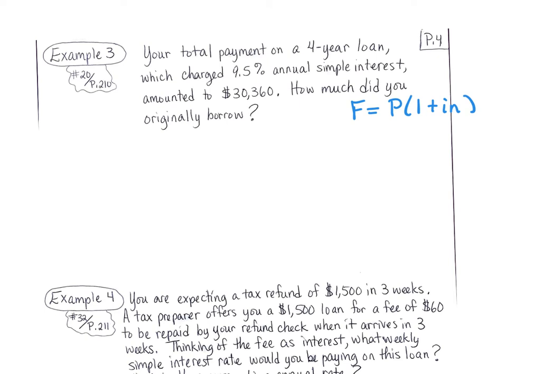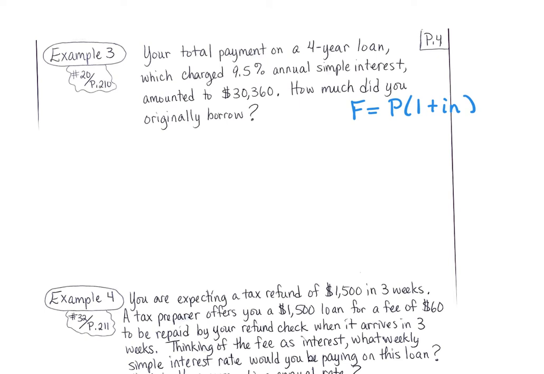Okay. So here it says, how much did you originally borrow? So we're not being asked for the future value. We're actually given the future value, which is $30,360.